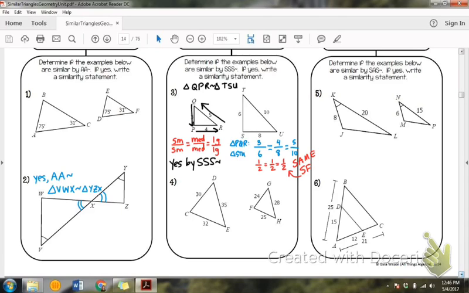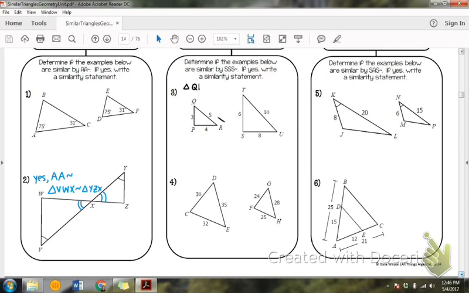Keep the same triangle on top. And if the fractions aren't coming out nice, you can use a decimal.